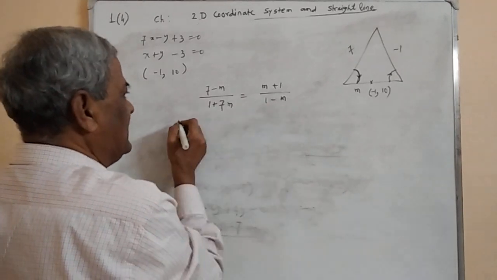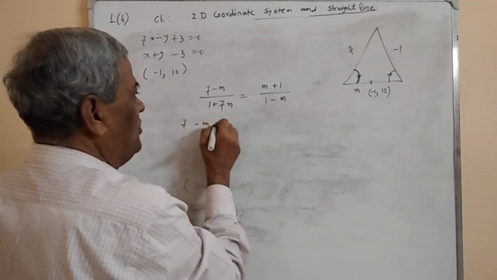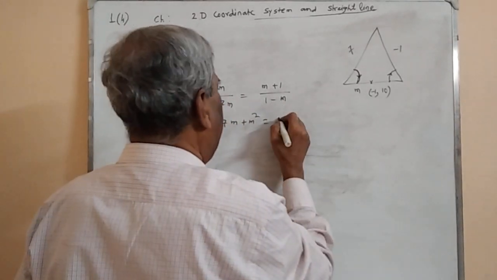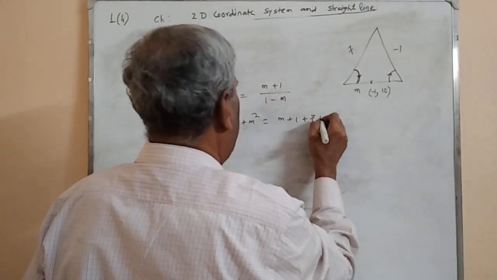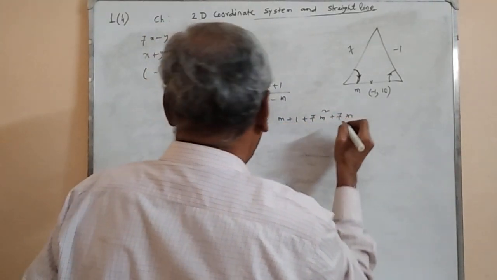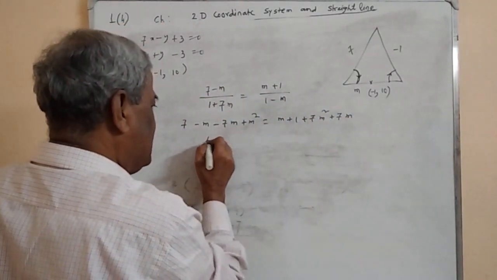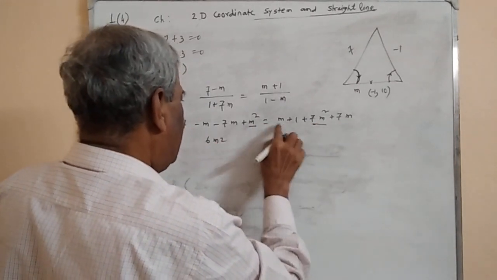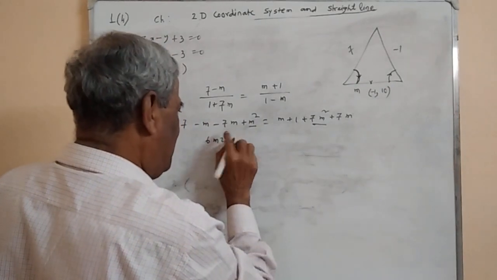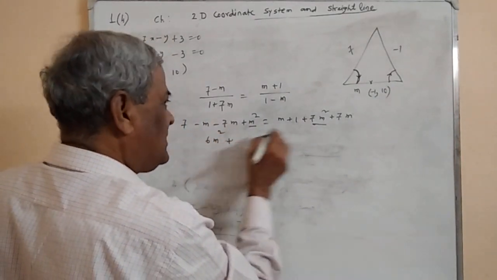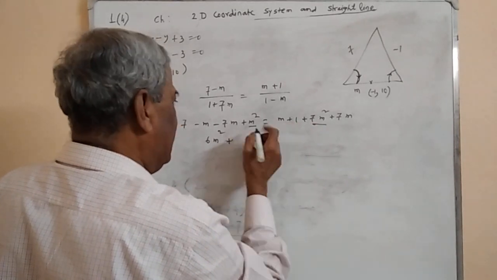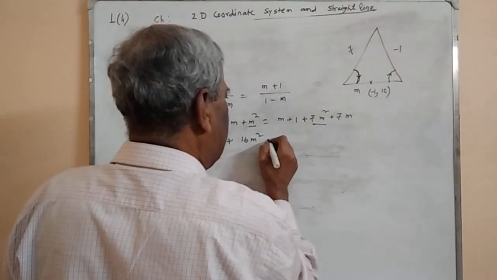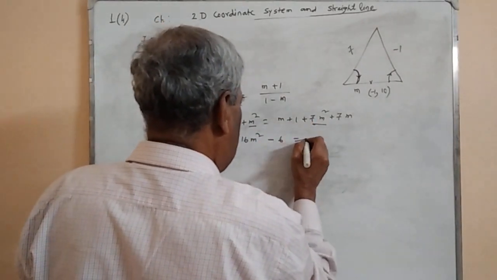So first you multiply this: 7 minus m minus 7m plus m square is equal to m plus 1 plus 7m square plus 7m. That is, we get 6m square plus 16m minus 6 is equal to 0.